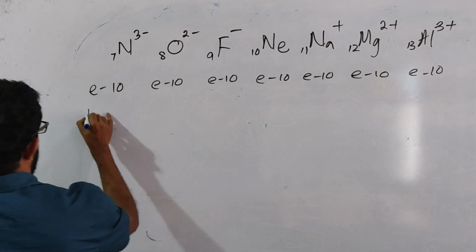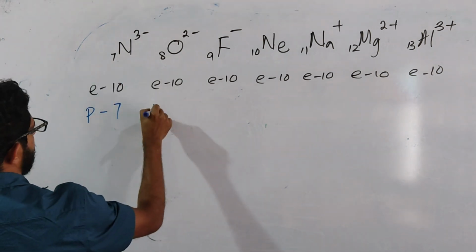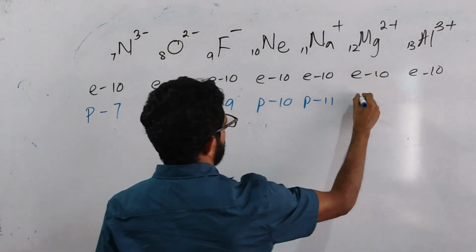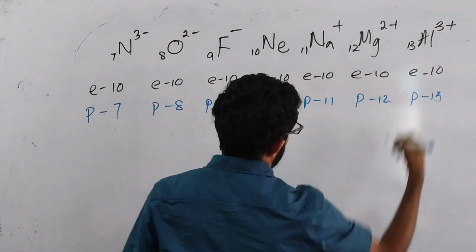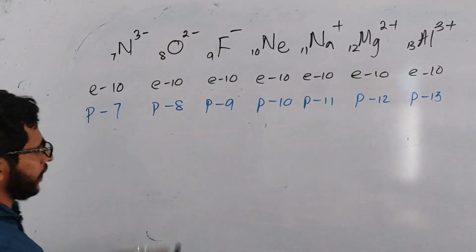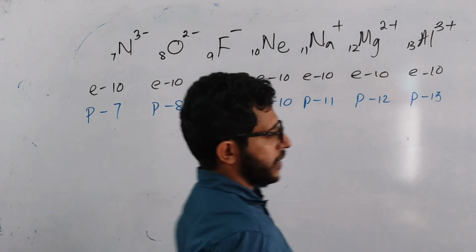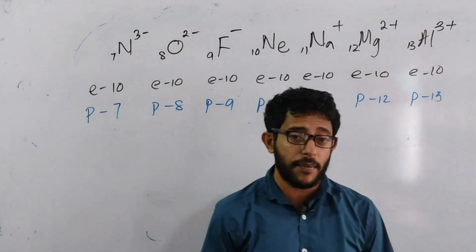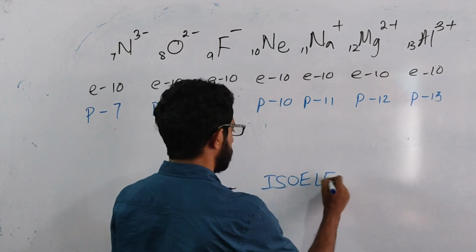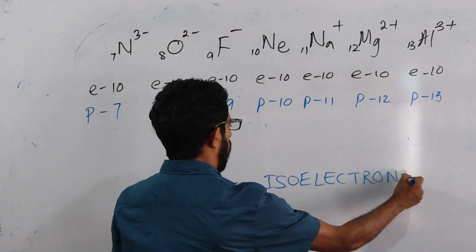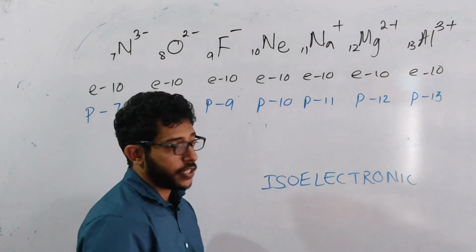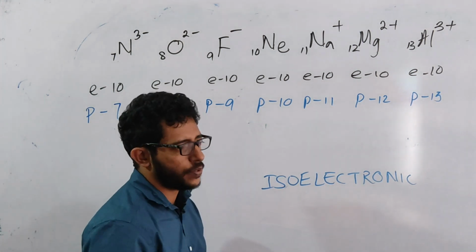The number of protons is 7, 8, 9, 10, 11, 12 and 13. Now the number of protons is different, the number of electrons is the same. The ions or atoms with the same number of electrons, we call isoelectronic.